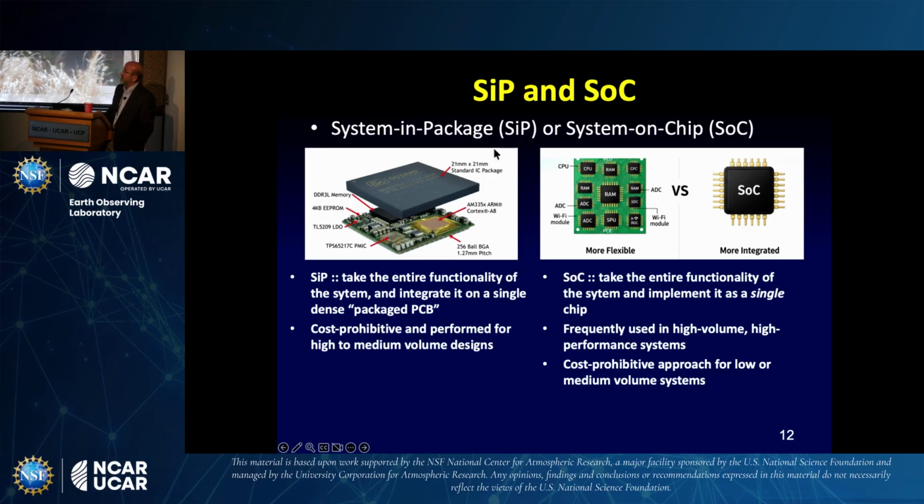As the name suggests, the entire system is in the package. So you take this package, put it on a printed circuit board, really dense, and then that whole thing is the package. So in some sense, it's like a packaged PCB, right? So the whole system is now one package, if you will.